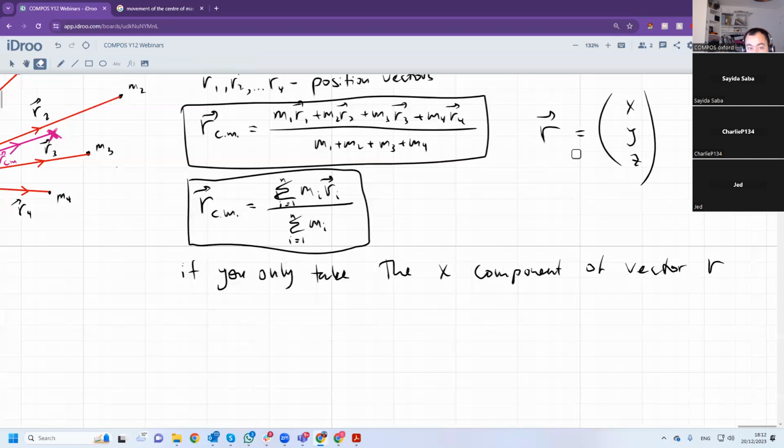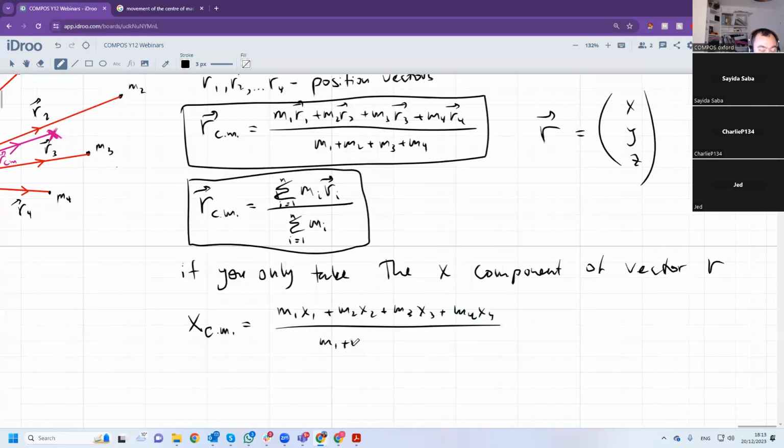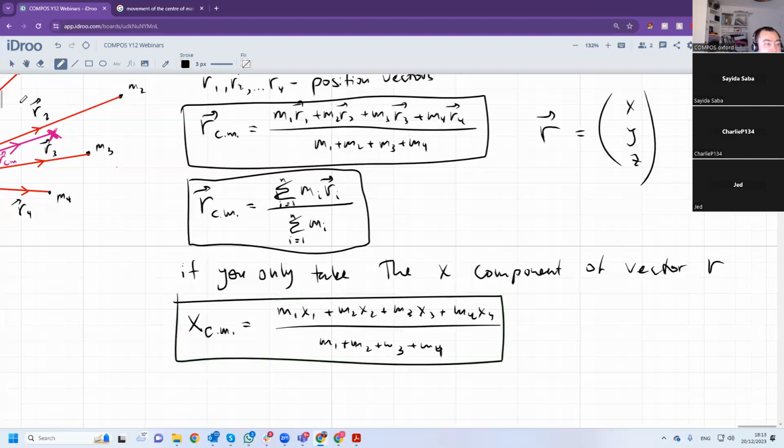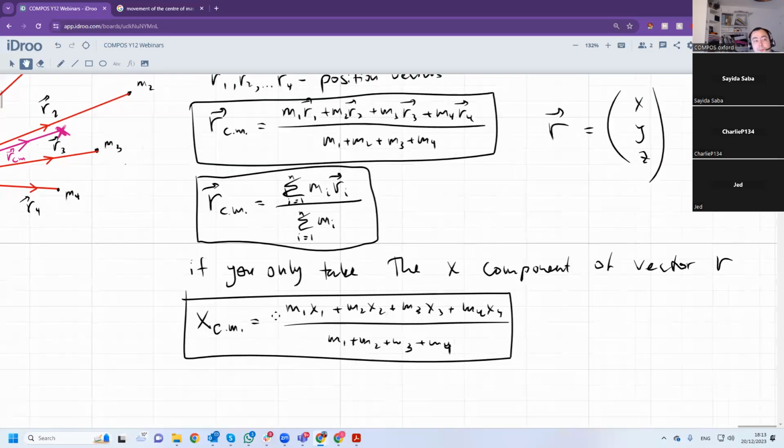But if you only take one component, then it becomes like this: x of the center of mass is equal to m1 x1 plus m2 x2 plus m3 x3 plus m4 x4 divided by m1 plus m2 plus m3 plus m4. This is the formula. And the same for y. If you replace x with y, it's the same formula.